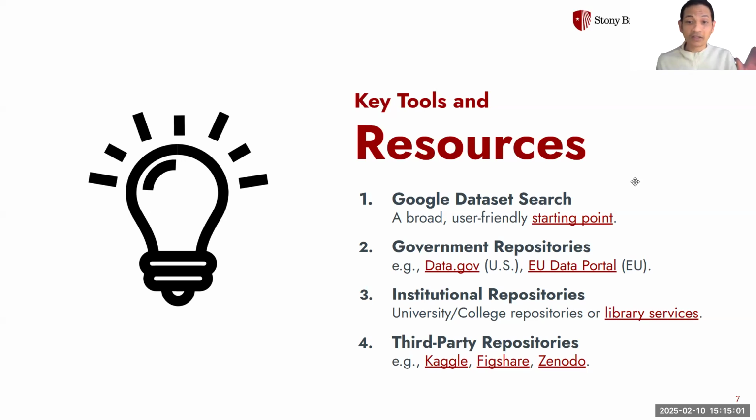In many cases they don't just share the datasets but also the code. So if you're interested in learning how to analyze data, you can go to Kaggle, download the data and also the code associated with the data, so you can try to replicate the existing analysis that they already did before with that specific dataset.